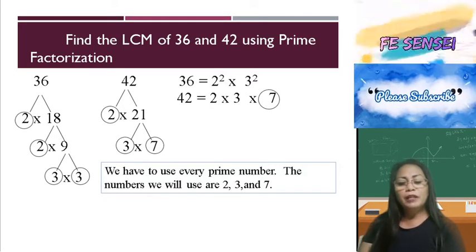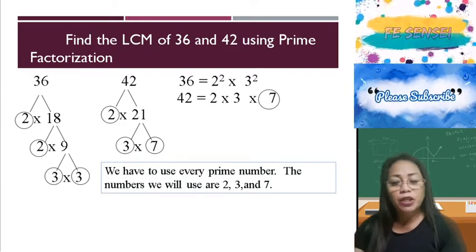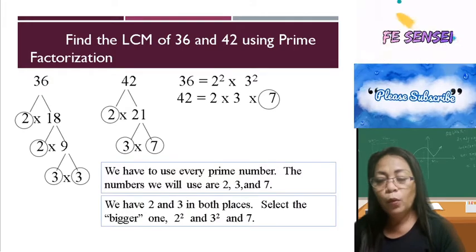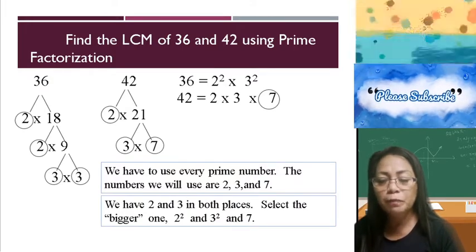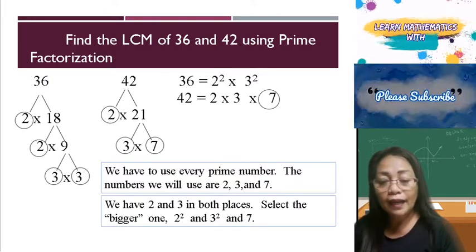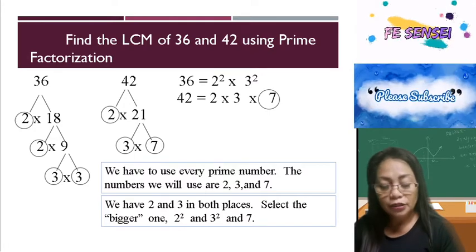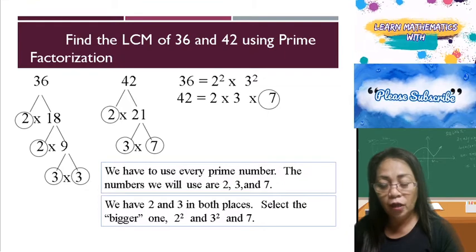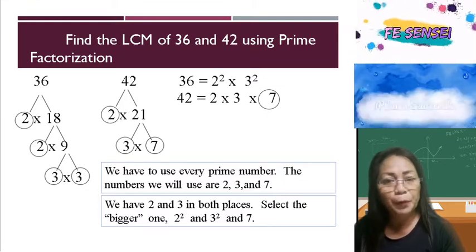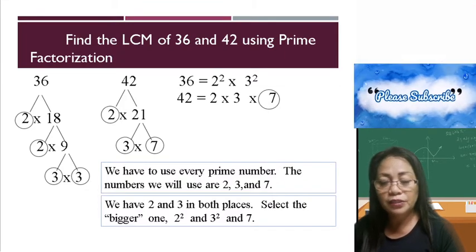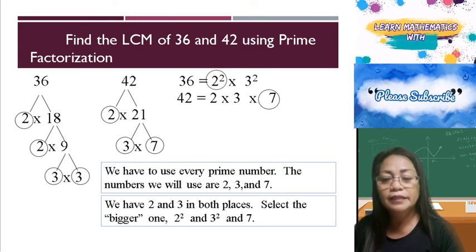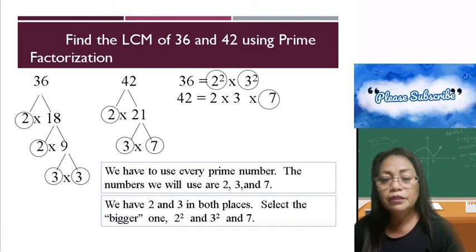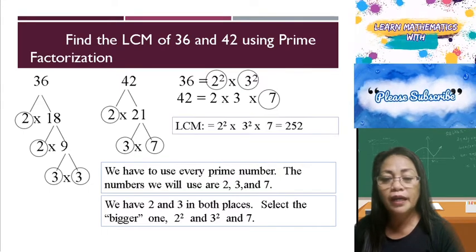We have to use every prime number. The numbers we will use are 2, 3, and 7. We have 2 and 3 in both places. Select the bigger one. So that is 2 raised to the second power and 3 raised to the second power, and 7.